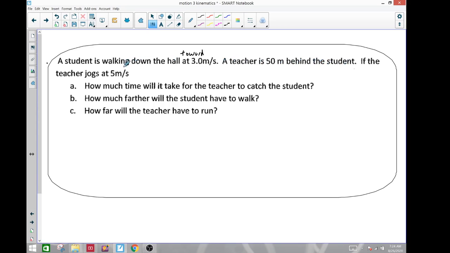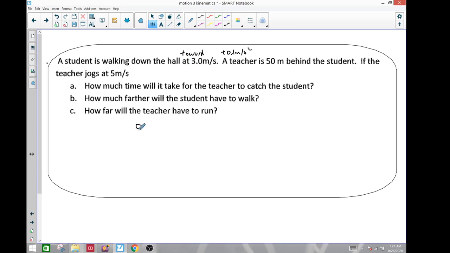If the teacher jogs at 5 meters a second, and there's no acceleration for the teacher, I'm going to give the student an acceleration. The student is walking toward the teacher and accelerates at, let's say, 0.1 meters per second squared. Let's map this out a little bit.